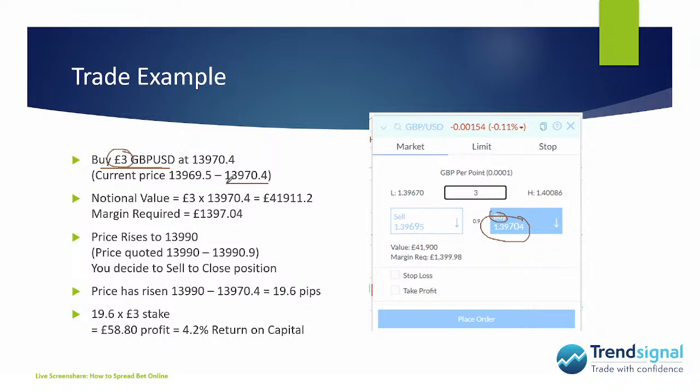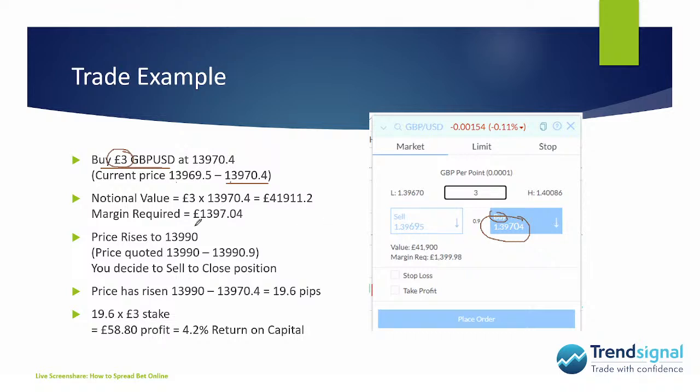So the notional value on that trade will simply be, notice what I've done here, I've got rid of the decimal point. Why? Because I want to show this in terms of its price. Whenever I look at things, I look at it in its pip terms rather than the actual 1.3970. I'll say 139.70 rather than 1.3970.